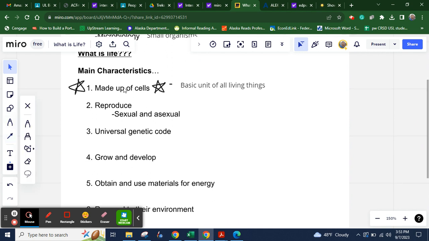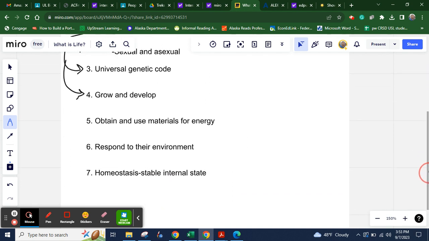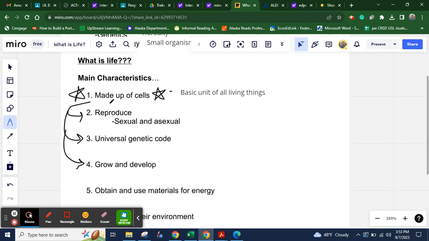So we could really say because living things have cells, they can reproduce, and they can store their genetic code, and they can grow and develop because the cell changes. And within the cell, they can use or break things down to create energy. And then if we look at these other bottom ones here, they can respond to their environment, and then they can accomplish homeostasis. But this cell is really the root of everything.